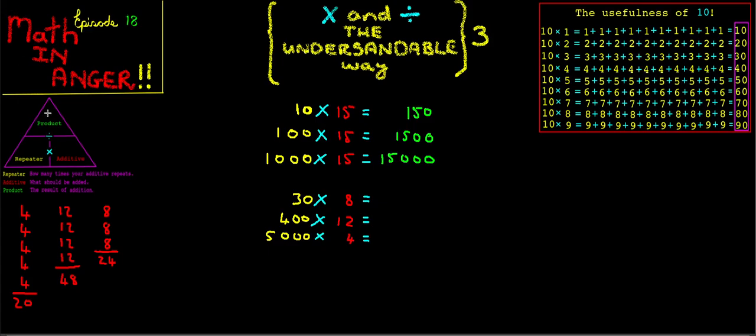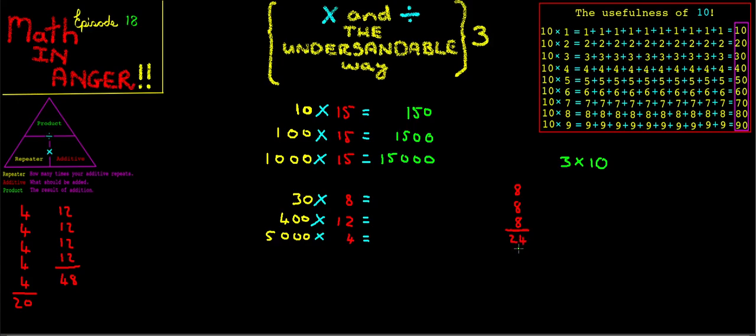Now I've gone and calculated something for you here. Take a look at what I'm doing. We're looking at this example now. Do you realize that what this 30 says is you have 3 tens? So look at how many times I added 8 to itself. 8, 16, 24.